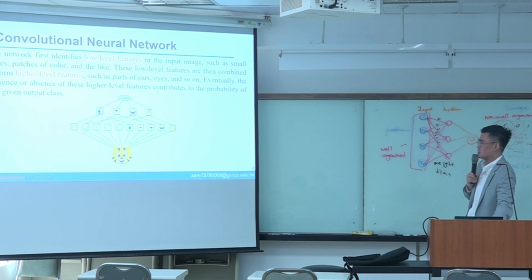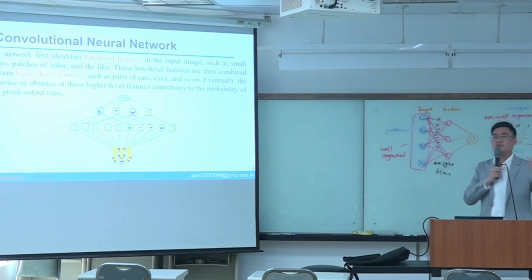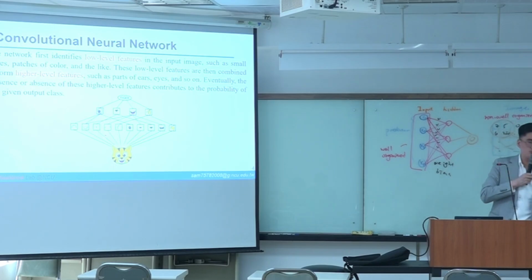Some node, some curve, some edge, even a dot, a circle. These are the lower level features. And then when you use a further kernel, you try to extract based on the previous features you selected. You try to extend that information.